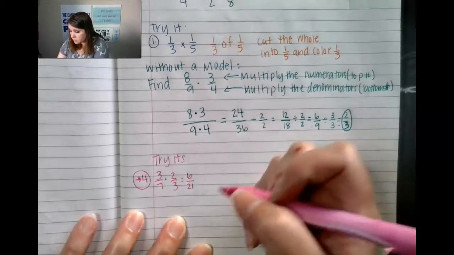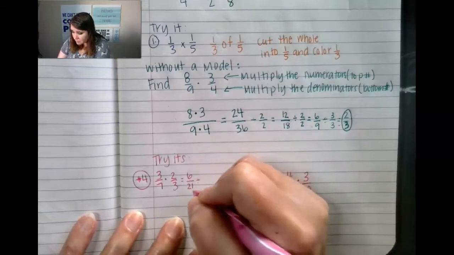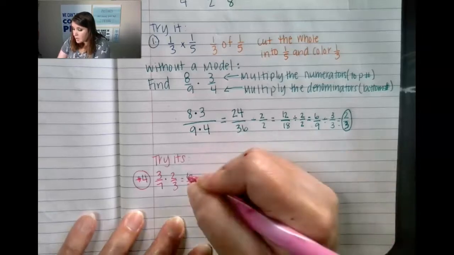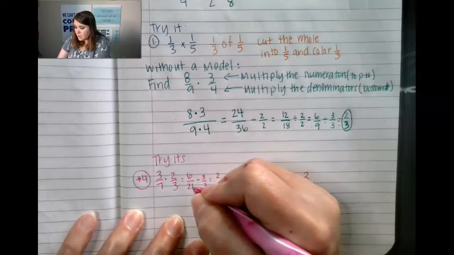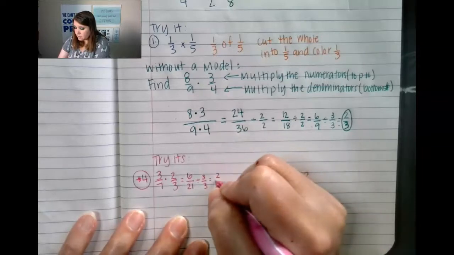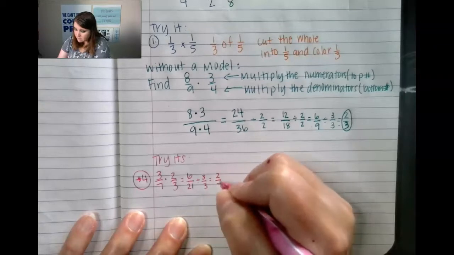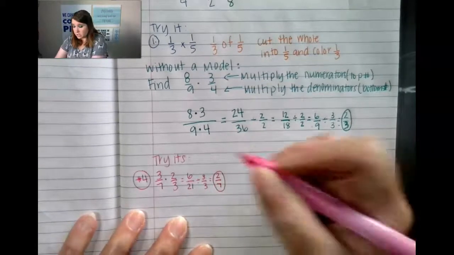So I'm going to challenge myself, and I'm going to divide this by 3 because I know 3 goes into both of these numbers. 6 divided by 3 is 2. And 21 divided by 3 is 7. Oh my gosh, 2/7 is the smallest form.